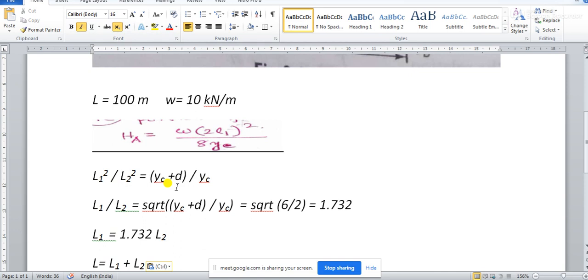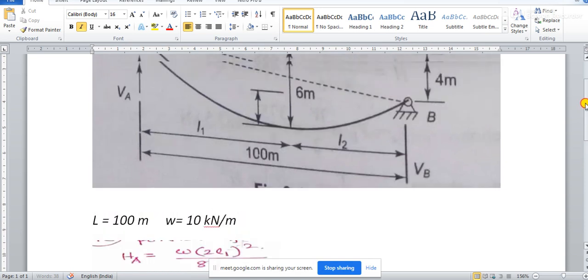this is equal to how much? This is 100. What is L? L is nothing but L1 plus L2. What is L? L is from here to here. It is nothing but your L1 plus L2.